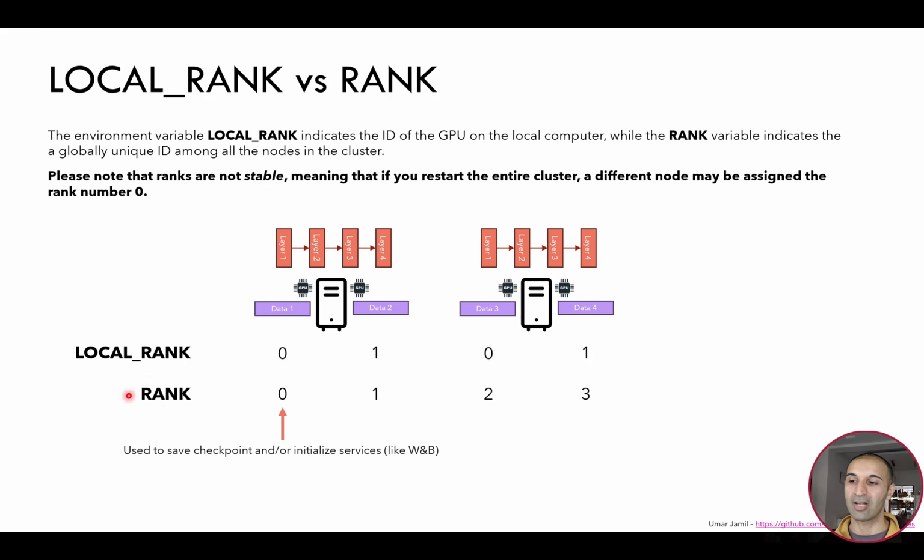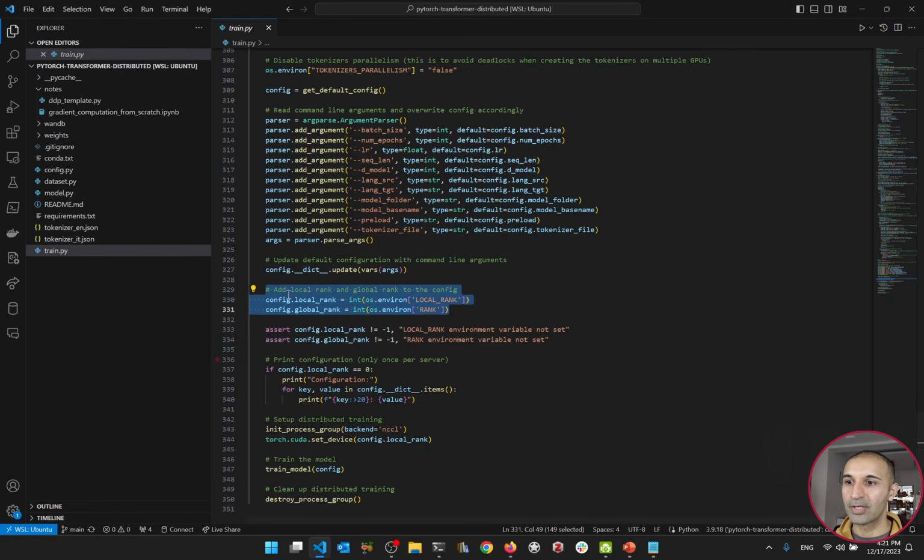If only one local GPU should use the TQDM progress bar or anything that can interfere on the local computer, we use the local rank. So the first thing I do is load these two environment variables and save them into the configuration. Then I print the configuration.